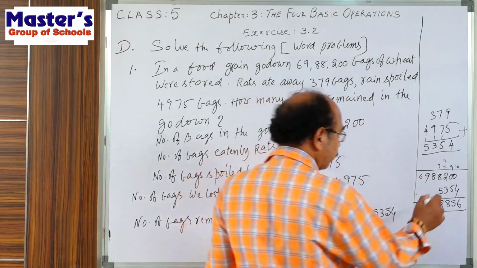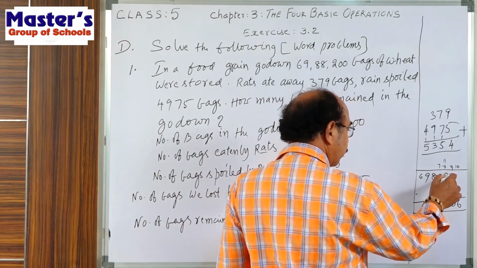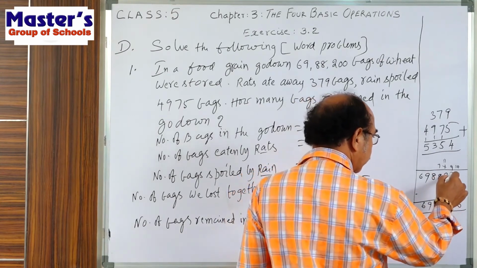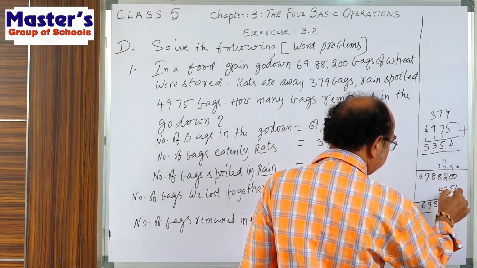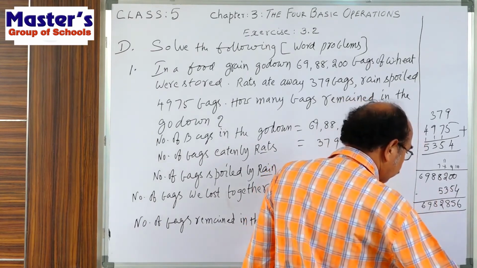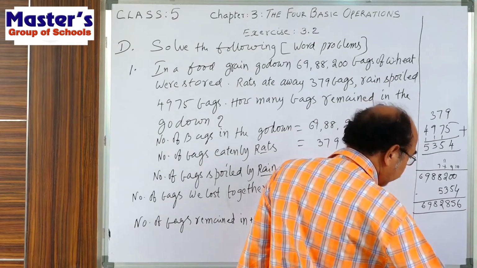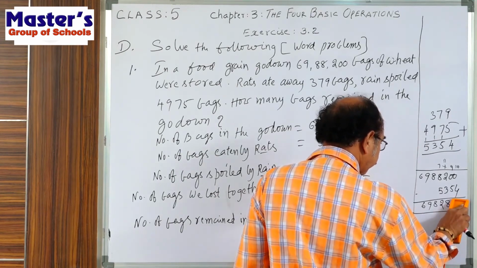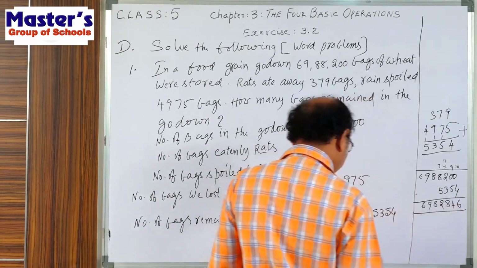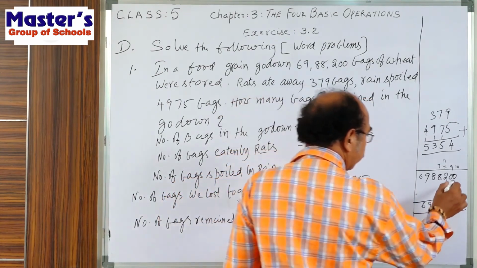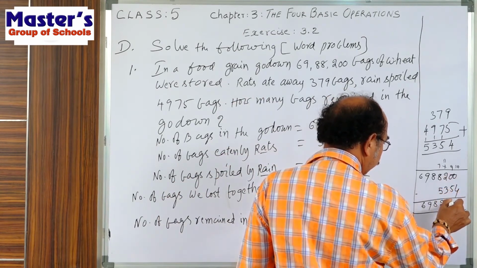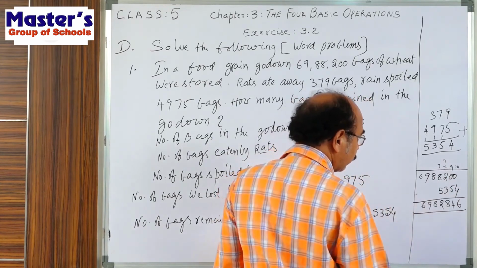Okay, children? 0 minus 4, once again see. Here we borrow, so 10 minus 4 is 6. It gave the borrow, that's why 9 only, 9 minus 5 is 4.